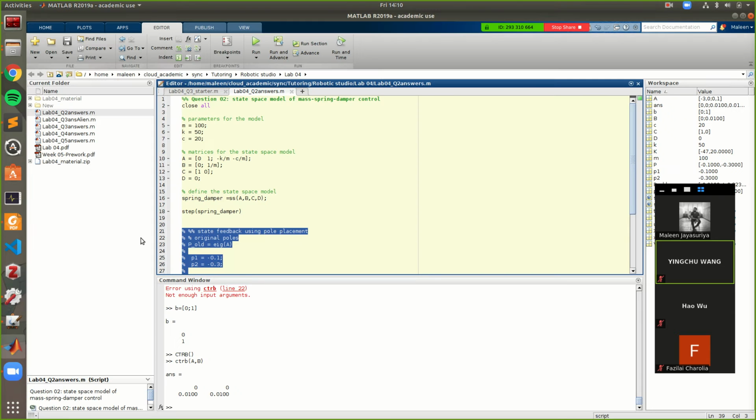So what you do is you define those values M, K, C as 100, 50, and 20, and then you write out the matrix form. And so the matrices are 0, 1, minus K over M, minus C over M.